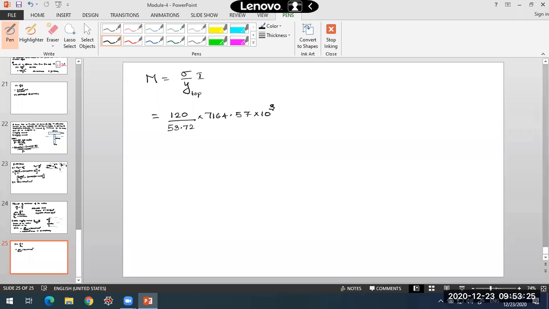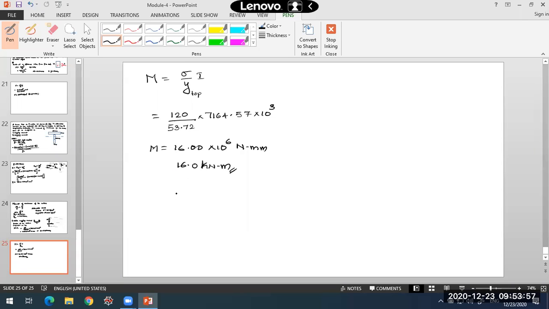So this comes out to be 16.00 into 10 raised to 6 Newton mm, or I can take it as 16.0 kilonewton meter.